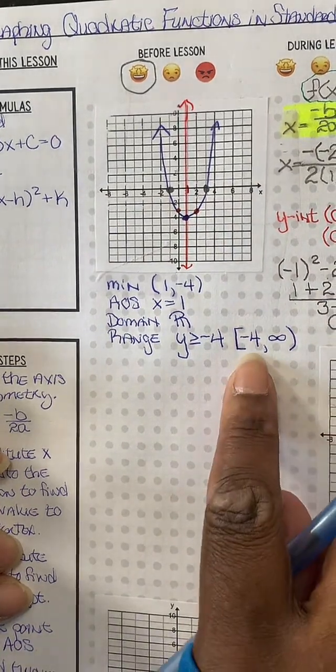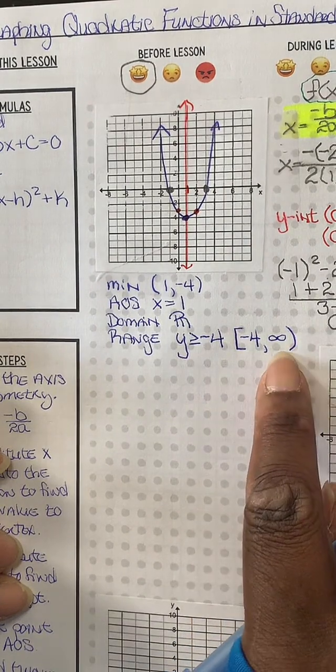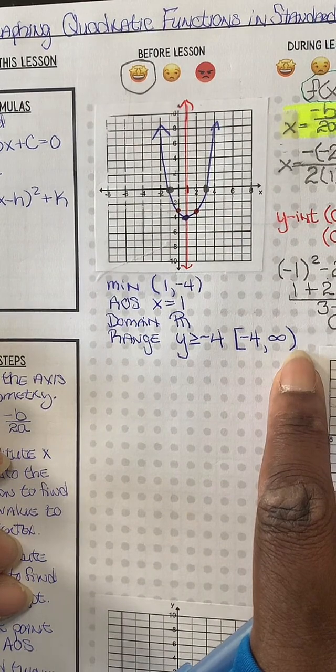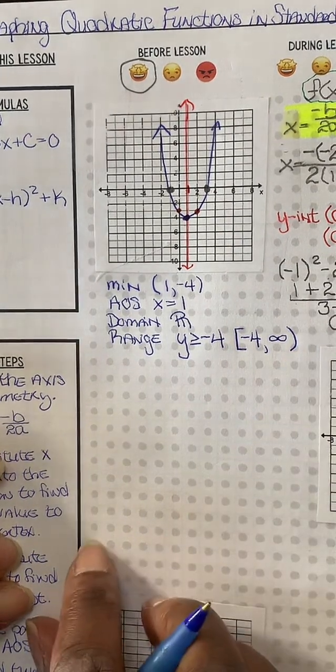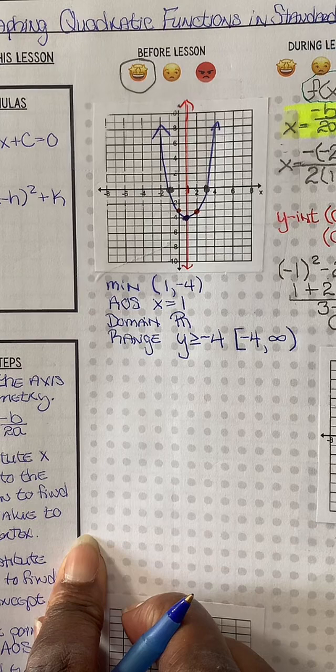Okay, since it's including -4, it's a bracket. Infinity knows no boundary, so that's why it's a parenthesis. Okay, just like a closed circle. Yes, just like the closed circle.